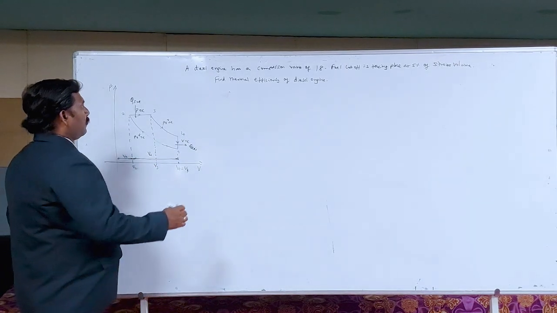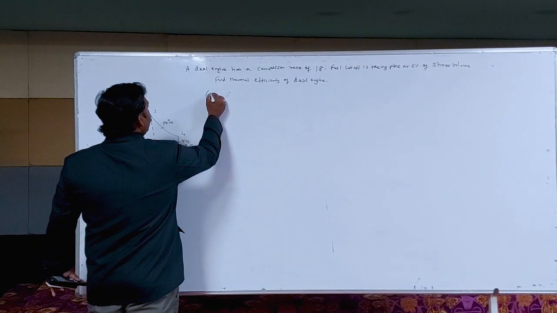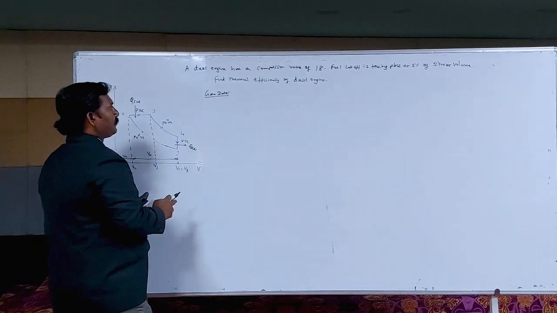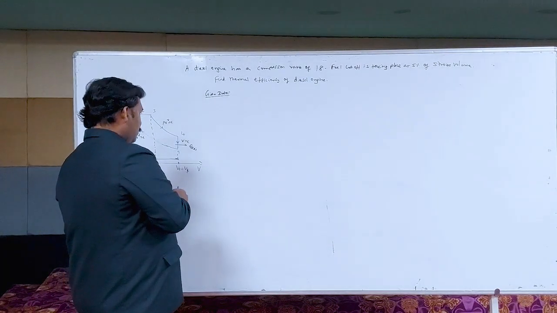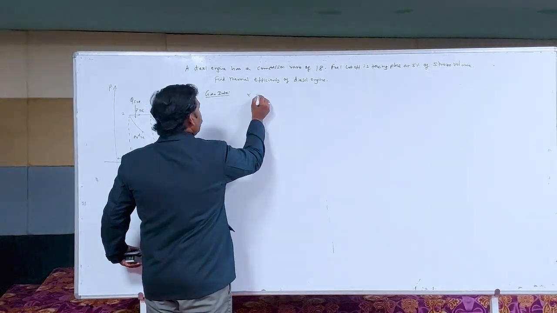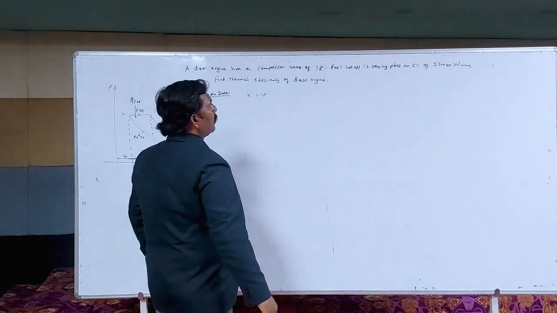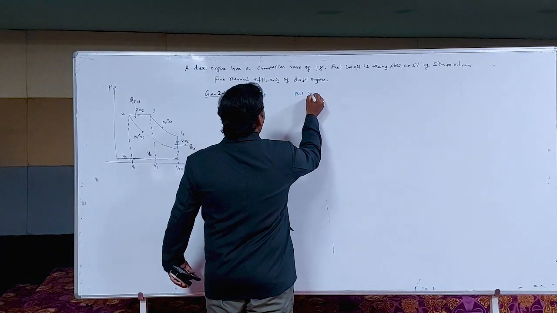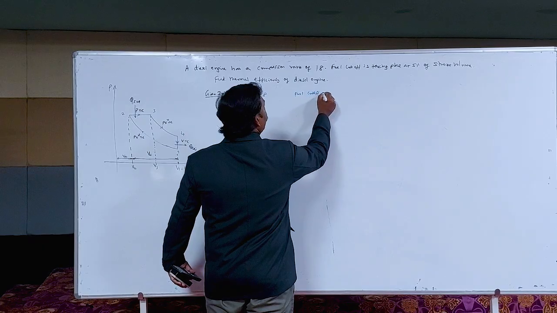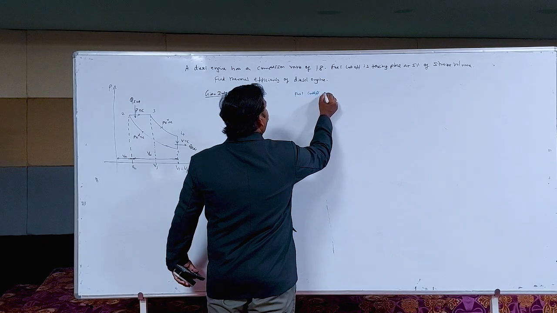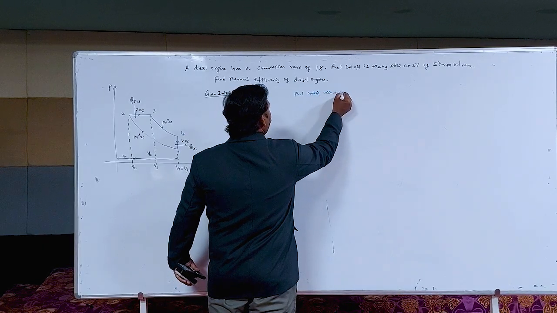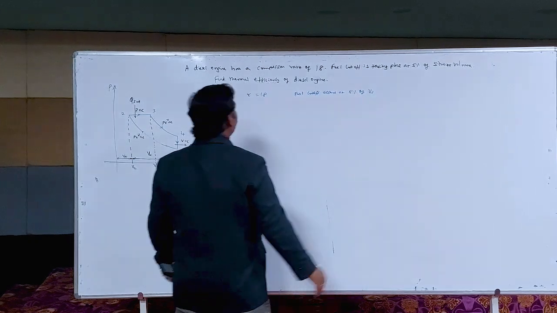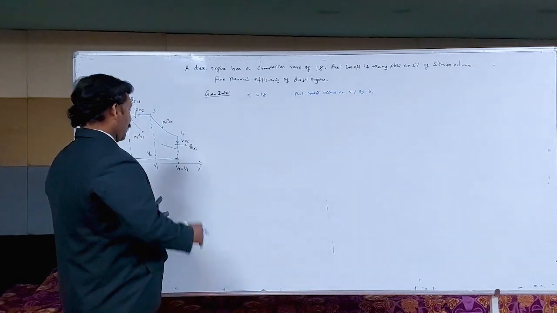Now we will write the given data first. Given data: the compression ratio r is equal to 18. The fuel cutoff is taking place at 5% of Vs. Determine thermal efficiency.